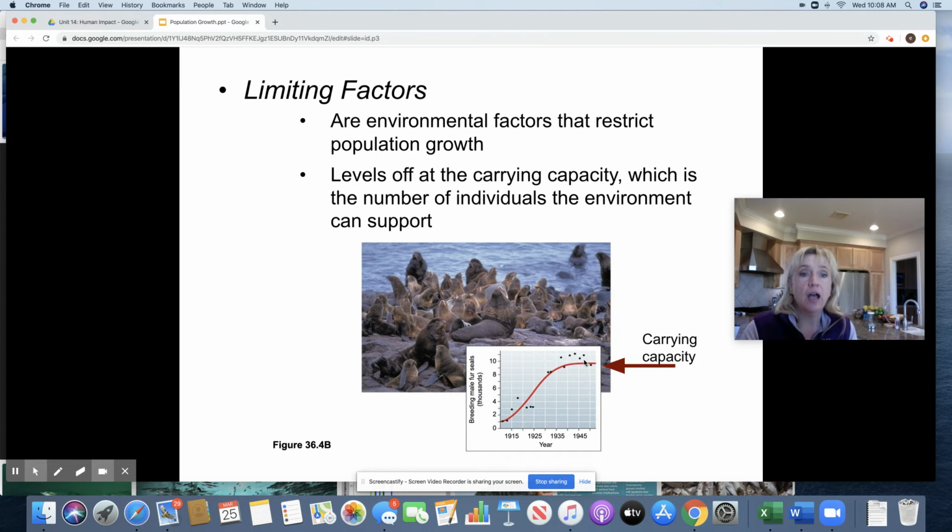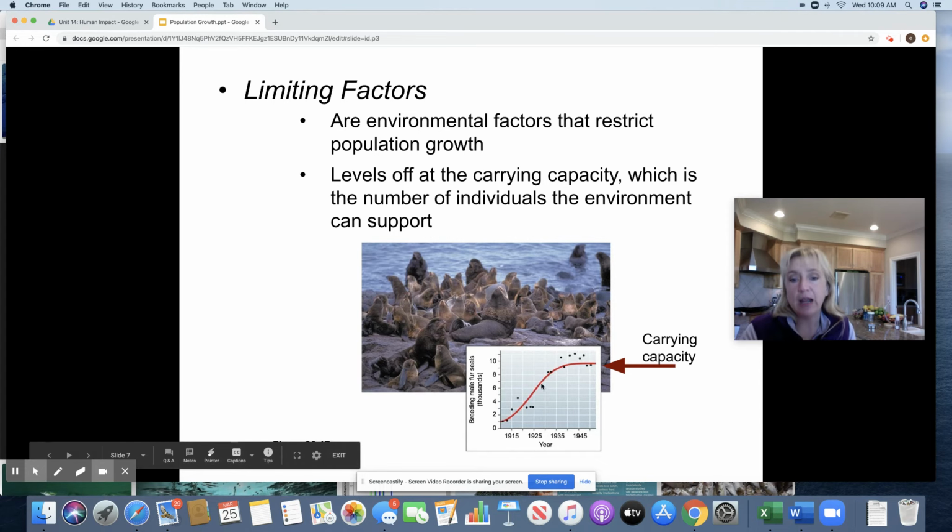Okay. Limiting factors are factors that will restrict a population's growth. So anything that limits it, the amount of food available, the amount of space available, is a limiting factor. And what happens is when a population is increasing and it hits that limiting factor, it levels off because it can't increase anymore. And we call that right here the carrying capacity.